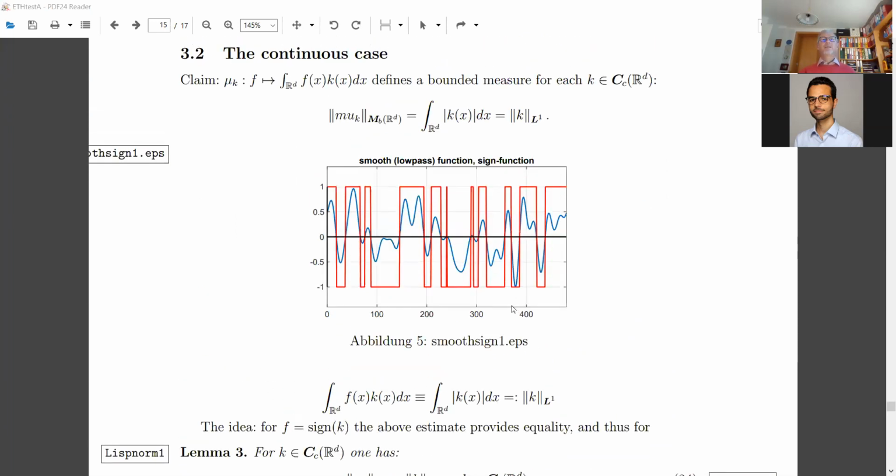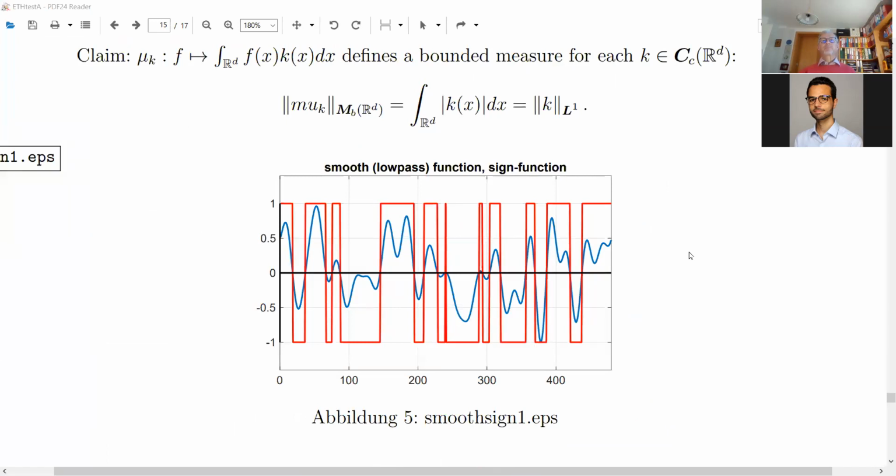We have seen from the previous example with the discrete measures that you have to turn negative values into positive values. So think now, in this case, the k of x would be the blue thing. And there is a very easy function which turns negative values into positive values, which is the signature.